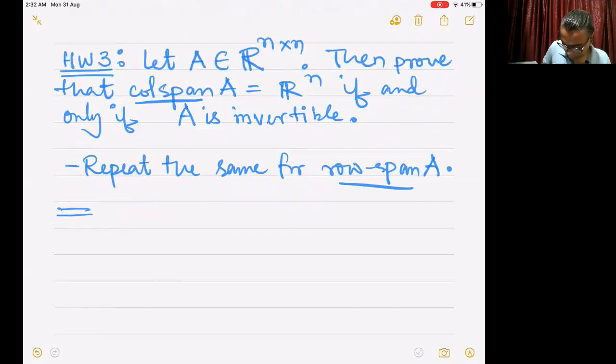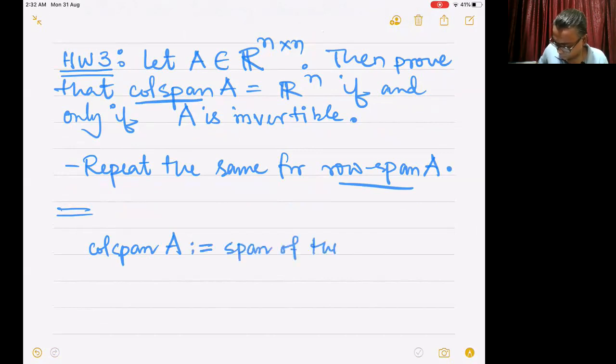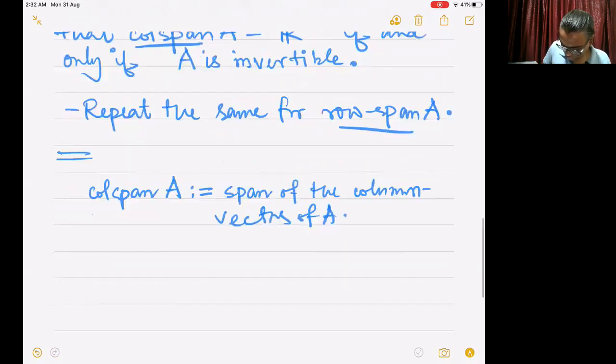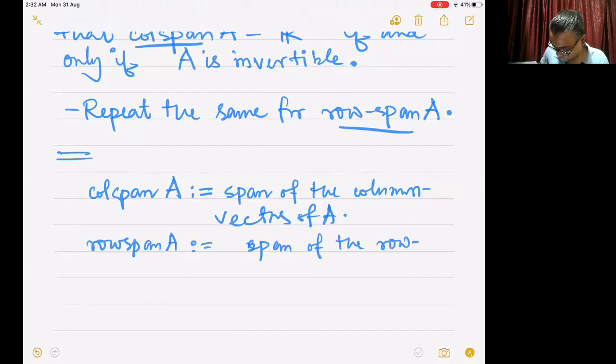The column span of A, where A is a matrix of any size in fact, is by definition the span of the column vectors of A, and the row span of A is similarly the span of the row vectors of A.